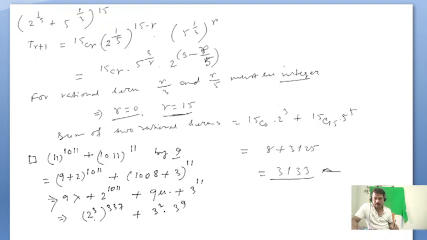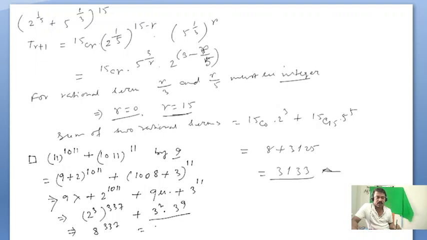Okay, so here 9 to the power something, so this is divisible by 9. We left only 8 to the power 337.